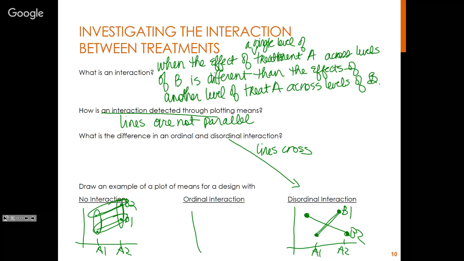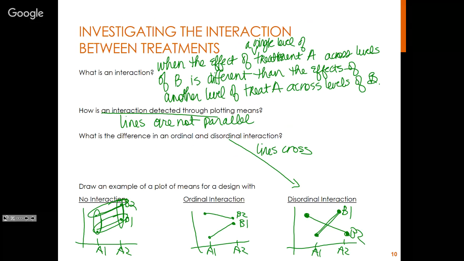And in an ordinal interaction, what happens? They aren't parallel, but they don't necessarily cross like that. So it might just be a similar pattern, but not quite to the extent. So here we have B1 and maybe B2. So B1 increases and B2 decreases, but they don't flip in their ordering of which one is always higher.